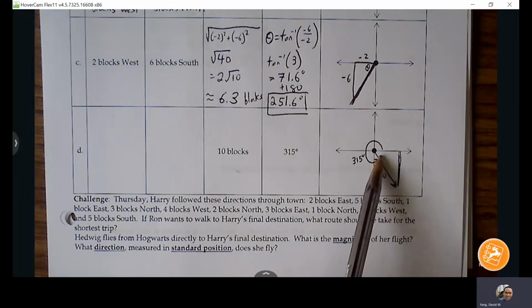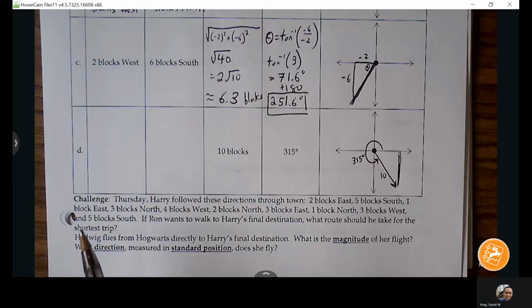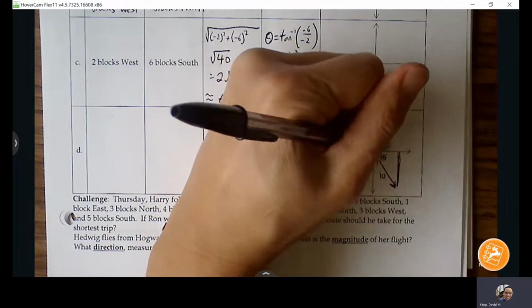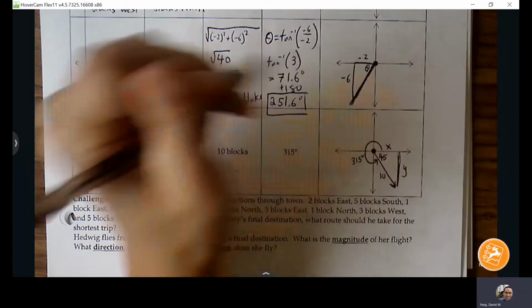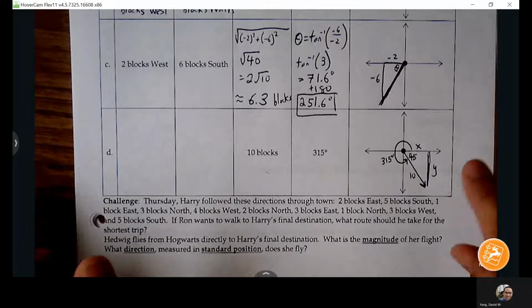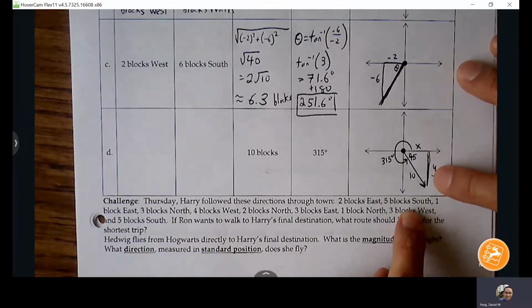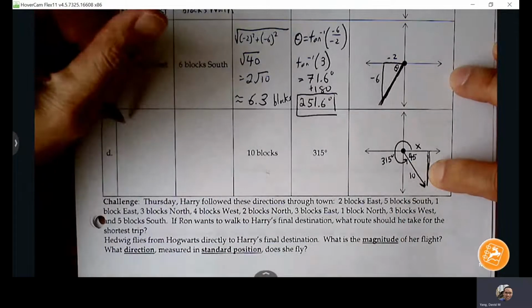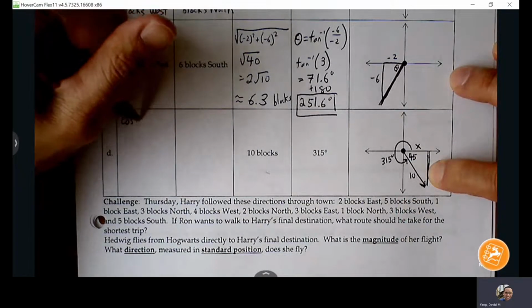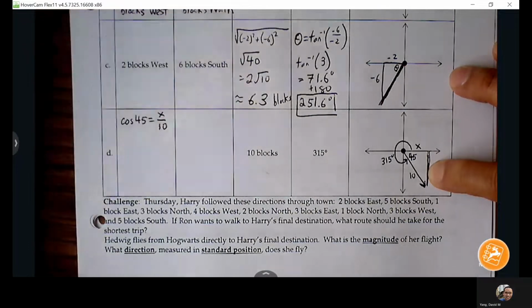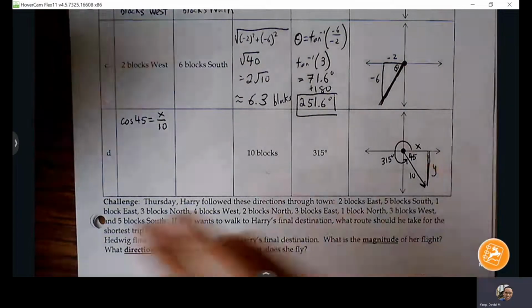What's the reference angle here? Okay, 45. So we're going to use that 45 for our sine and cosine. So let's target cosine first, or the x first. For x, we can involve cosine. Cross multiply.